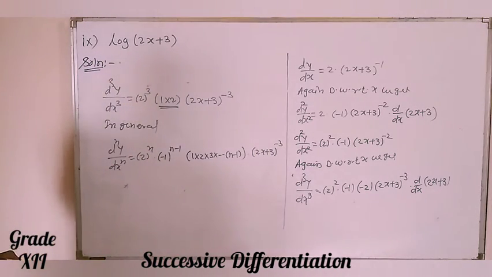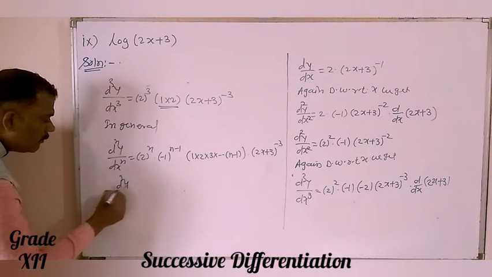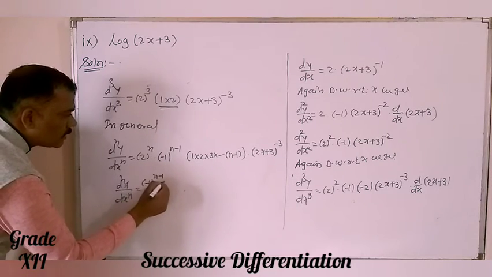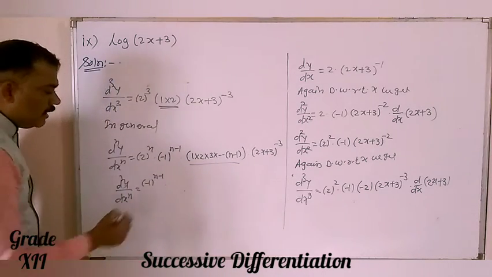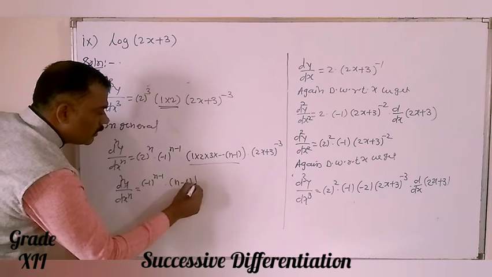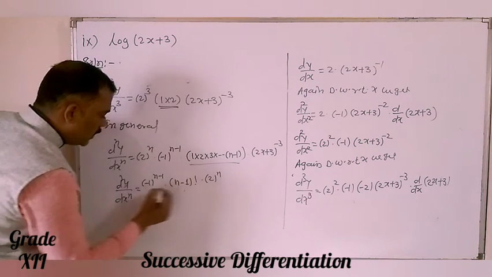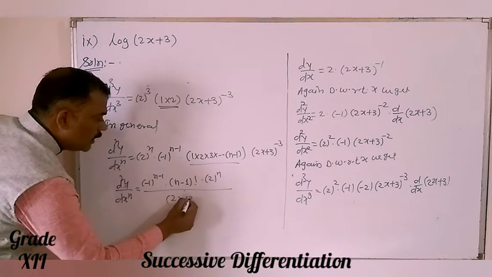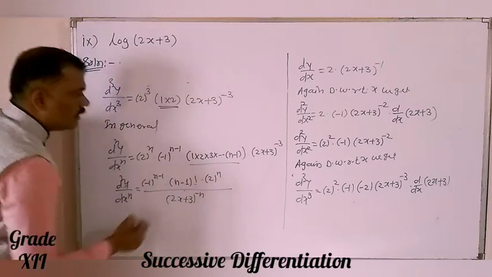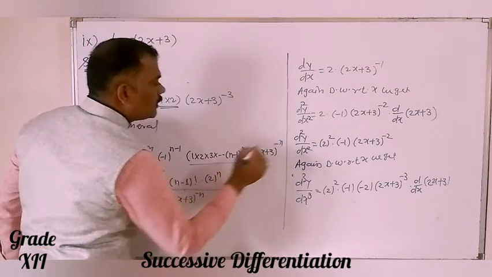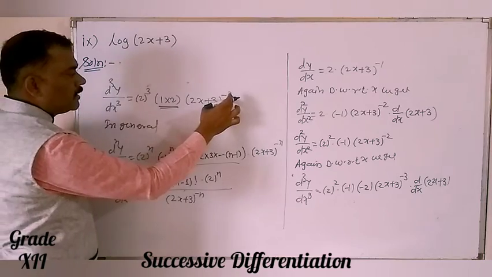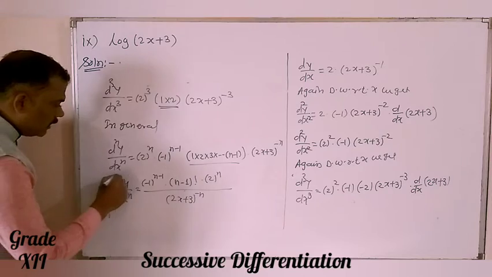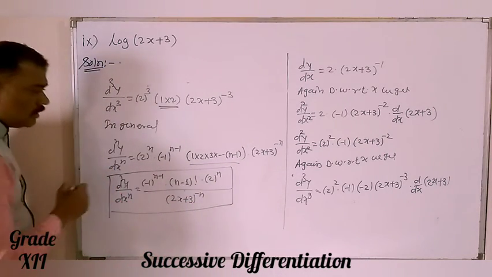So that we can write d^n y by dx^n is nothing but (-1) raised to n minus 1 into, this is nothing but the (n minus 1) factorial, into 2 raised to n divided by, we have to make the index positive, (2x + 3) raised to minus n. Here we require the minus n. Third order derivative, here index is minus 3. For nth order derivative, here index is minus n, which is nothing but the required nth order derivative.